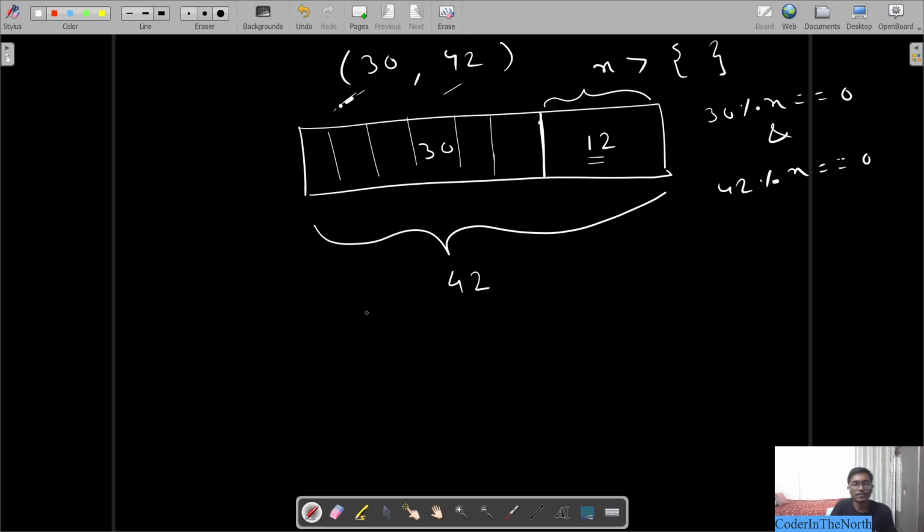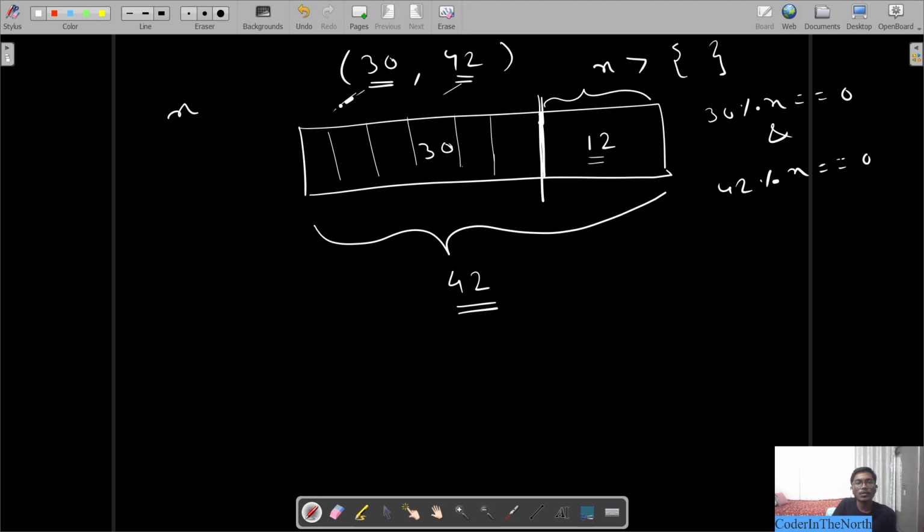I'll repeat this thing. I have a biggest block of 42, and I'm saying I have such a number x which divides 30 and also 42. So I'll cut out that 30 part, considering I have such x which divides this 30 size block.